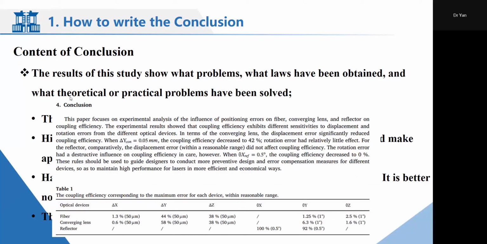For this example, as you can see, in order to make your conclusions clearer, you can also use a table like this to show the readers the data and the result in a more direct way in the conclusion.